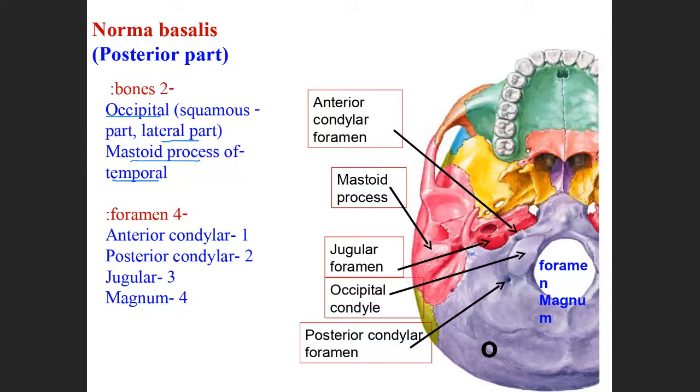You have the condyles. What are these condyles for? They join the vertebra. Then the anterior condyles and posterior condyles. And then the openings: the jugular foramen and foramen magnum. This is the foramen magnum, and this one is the jugular foramen here.